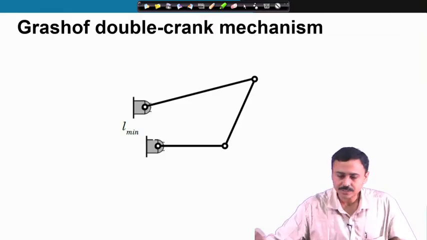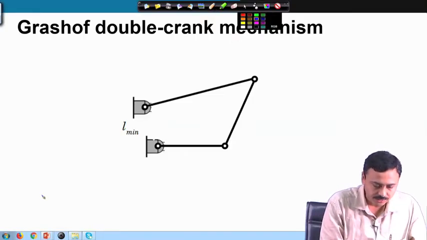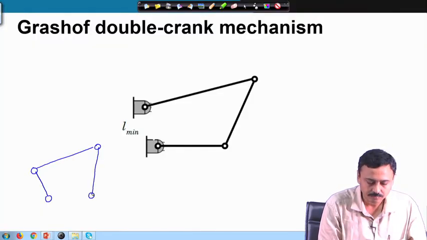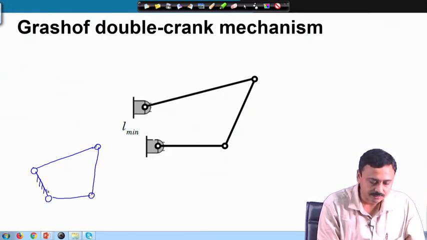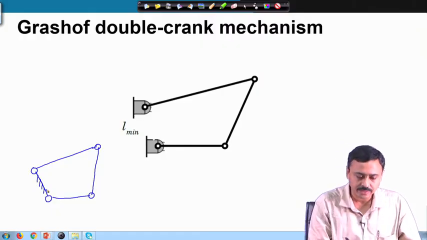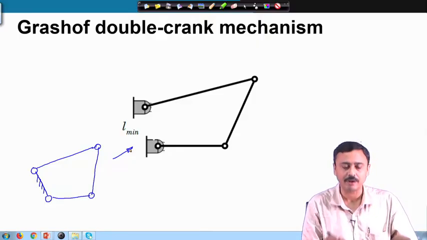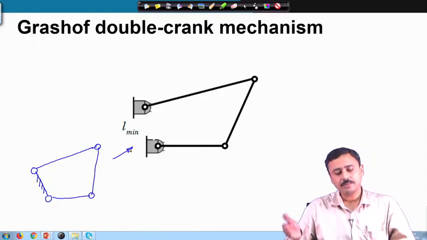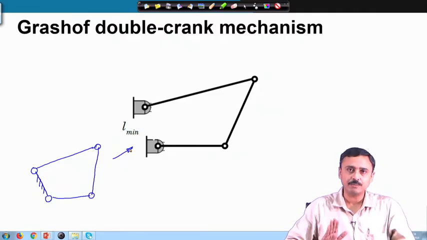Now, what happens if I fix the shortest link? Let me redraw the chain again. This was our chain. If I fix this link, then this is the mechanism that I have. So, L min is now the ground, that is the fixed link. Now, because L min can rotate completely with respect to other links, if I fix L min, then other links will rotate completely with respect to L min.